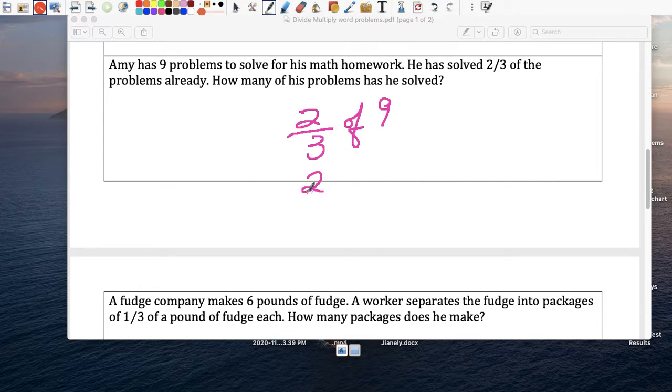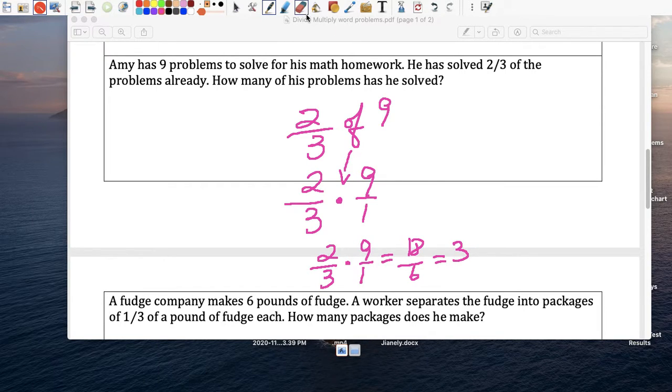So we're going to change that to 2/3 times, and of means times. Put this over 1. 2/3 times 9. Remember, it's multiplication, so we don't have to use a reciprocal. Stays as it is. 2 times 9 on top is 18. 3 times 1 is 6. And what's 18 divided by 6? It's 3.